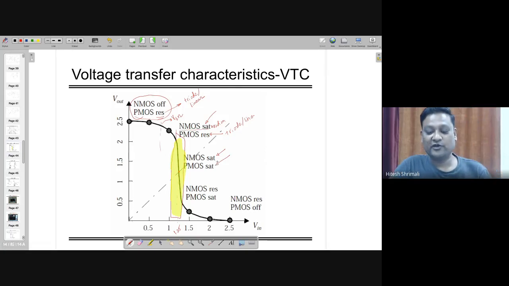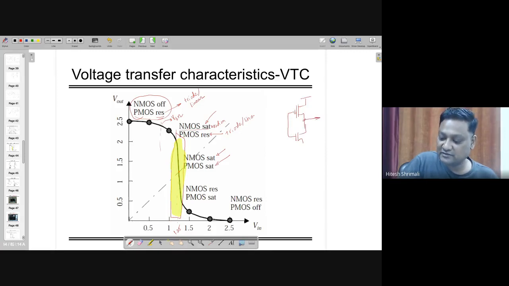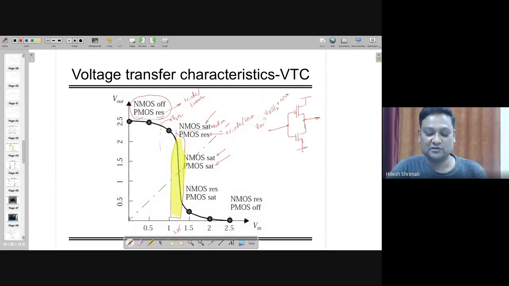Notably, although we are working in the digital domain, if you are using this same circuit with an input nearby VDD by 2 and a small signal input, small enough that the output does not go to VDD and ground, then you can use this circuit as a class AB push-pull amplifier.